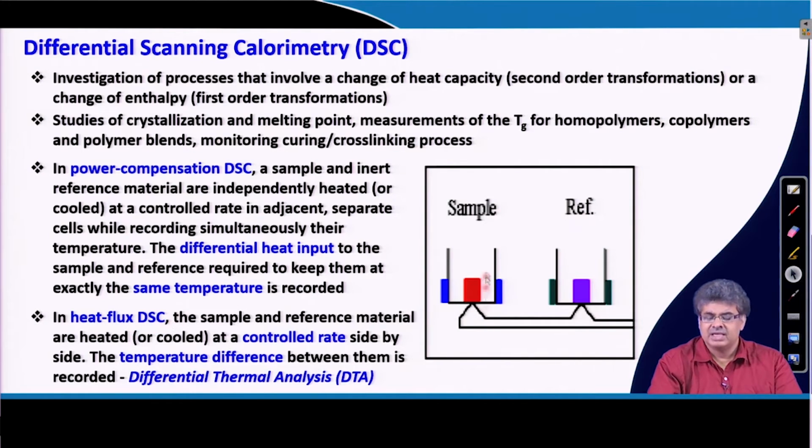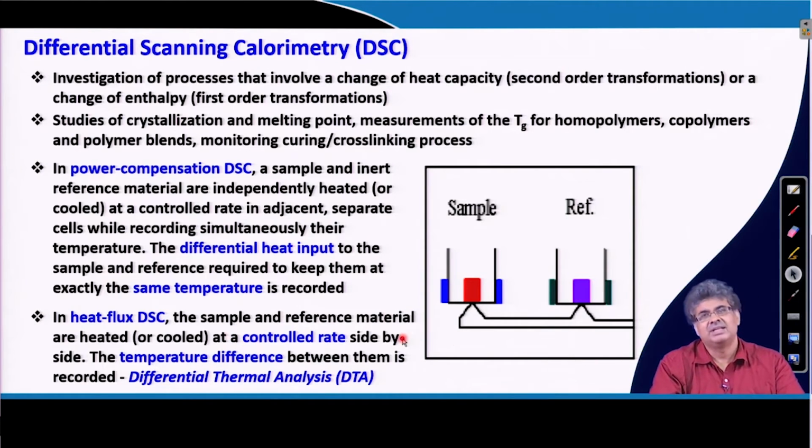In this case, both the sample and reference are heated at a controlled rate. So, they are heated at the same rate by supplying the same amount of energy, but the difference in the temperature between sample and reference is plotted as a function of temperature.